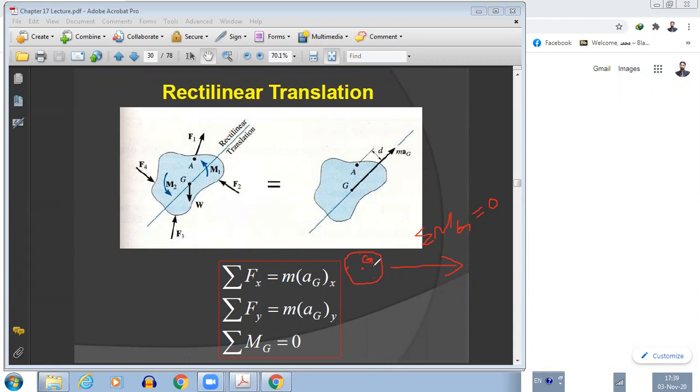In reality, the body is not rotating because the moments at the center of gravity are canceling each other. But if we are finding the summation of moments at any other point other than the center of gravity, then the value might not be zero. The thing will become more clear when we start solving the problem.